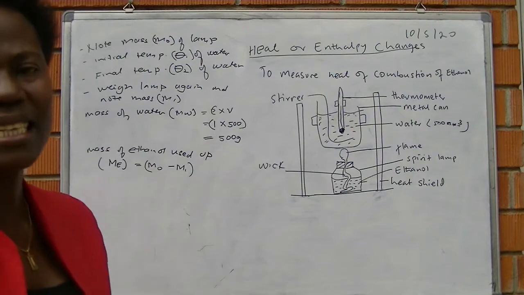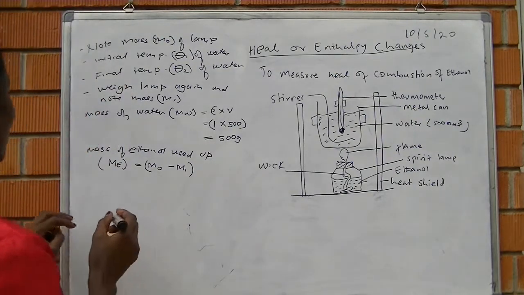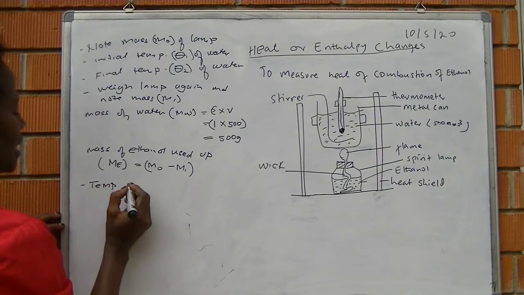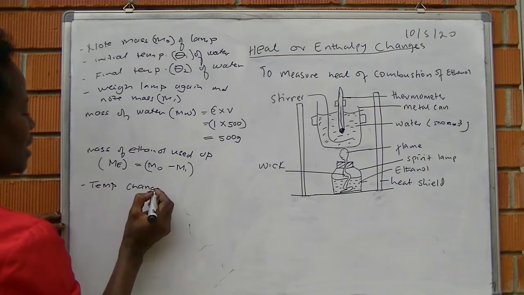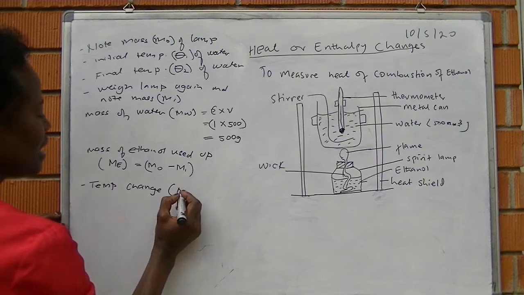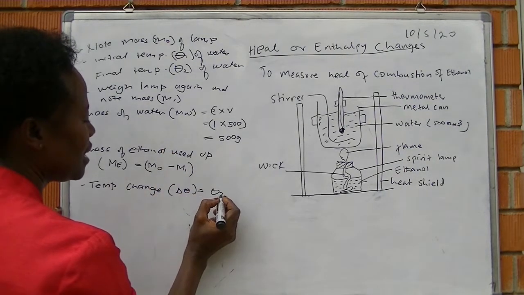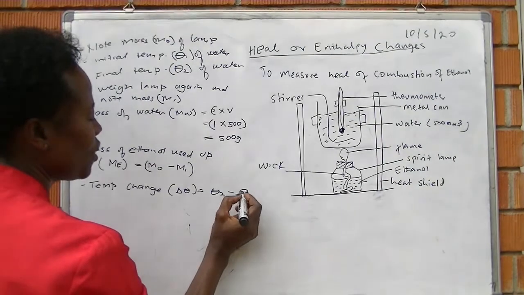So we can get the temperature change. Temperature change, delta theta, is equal to the final temperature minus the initial temperature.